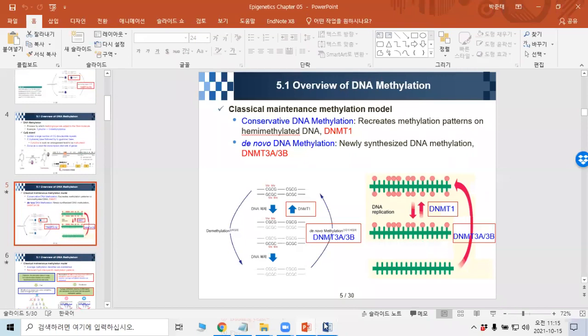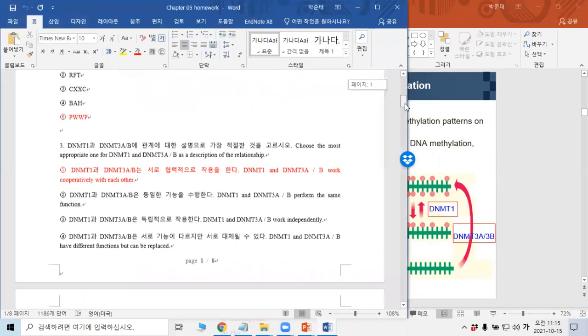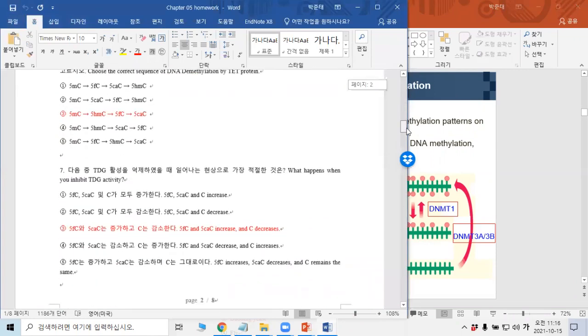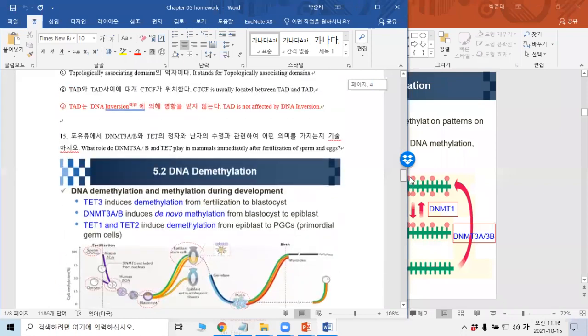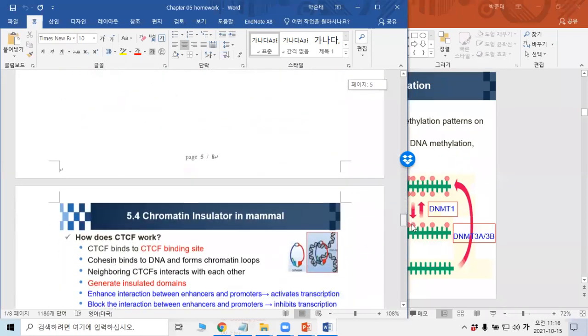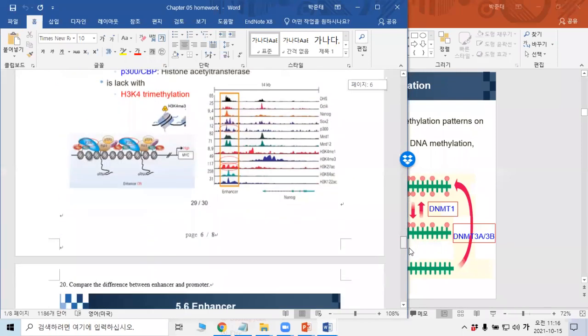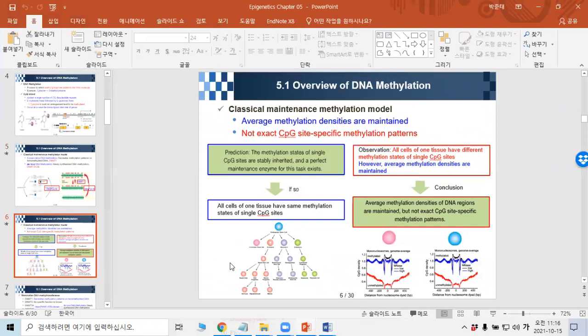In our chapter 5 homework, there was a question asking about this one. And this is the maintenance model.